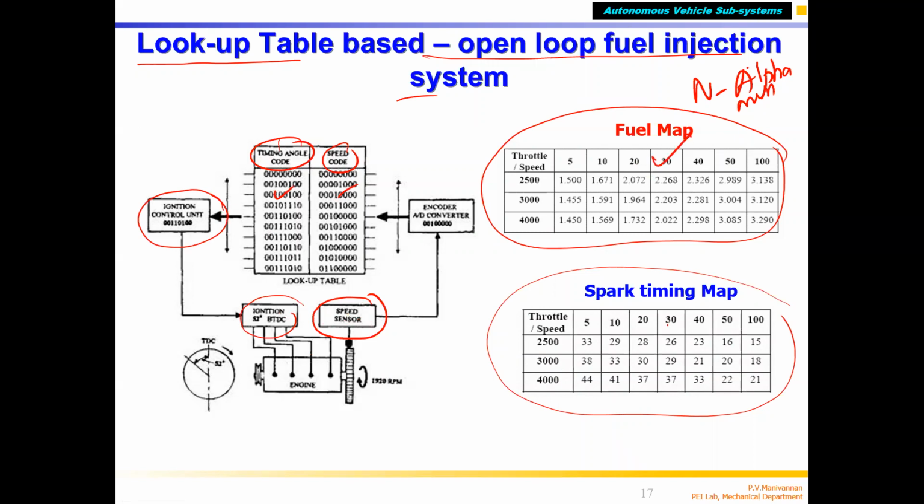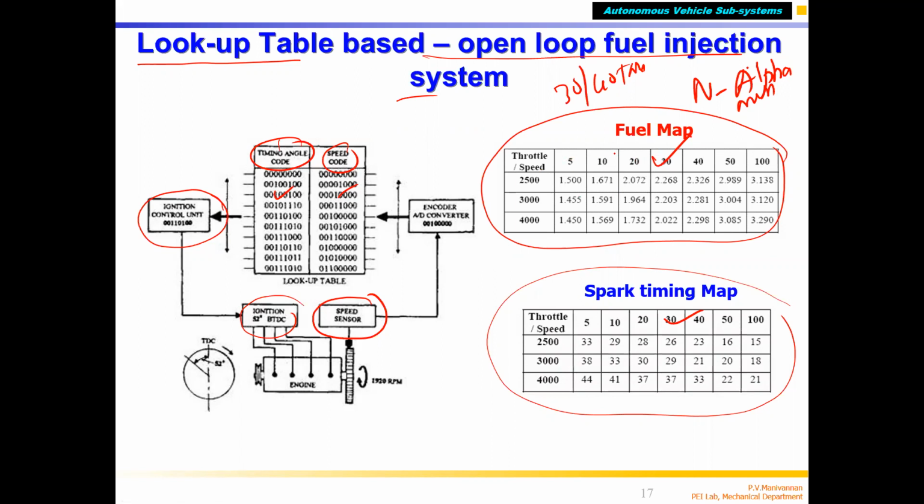You have to develop this in two dimensions. I told you there is not just one table; for different temperatures, speeds and altitudes you may have 30 to 40 tables stored inside your ECU. Based on the inlet air temperature, engine speed and throttle position, the ECU will select the appropriate table.